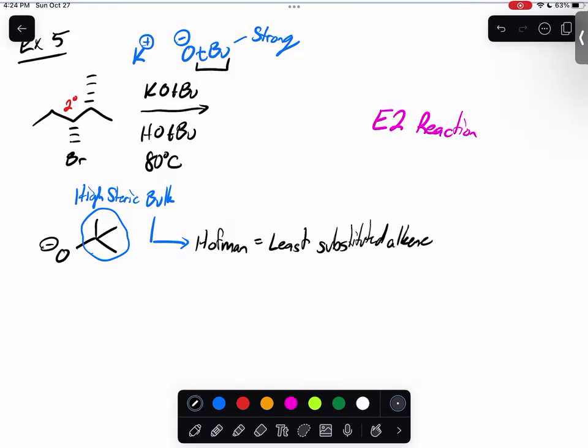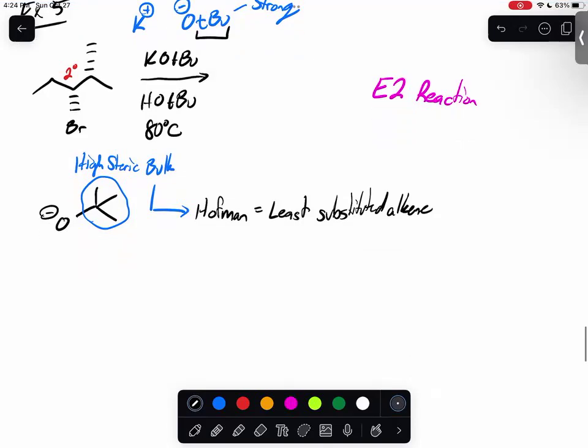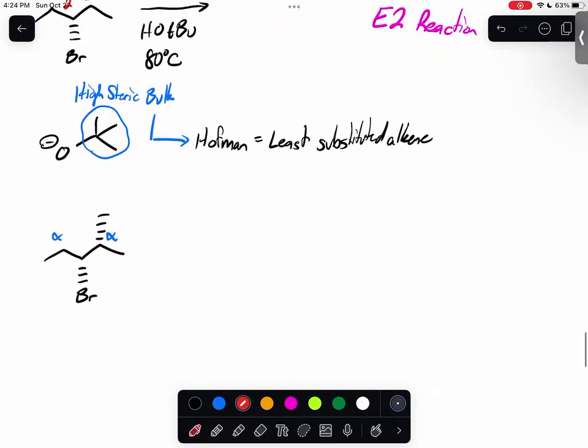Okay, so what is that going to look like on here? Well, let's go back and redraw our original molecule. And let's think about our alpha positions. Since we're on a secondary, there's going to be two alpha positions. We have this one here. We have that one there. We can imagine if we form an alkene on the right-hand side of where the bromine is, this would end up being a tri-substituted alkene.